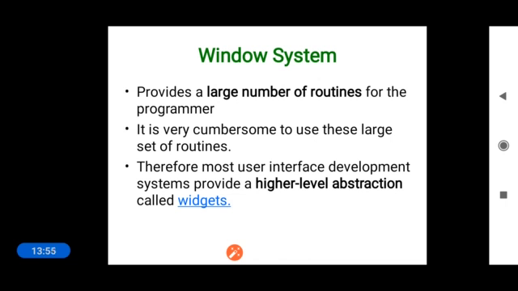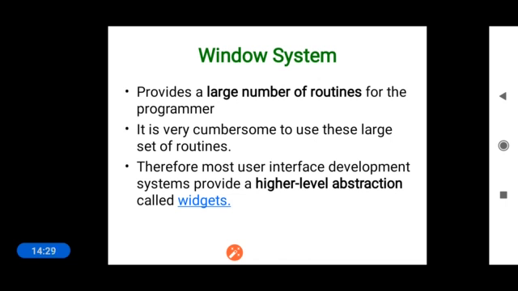All these together can be considered as widgets. That means instead of providing routines in the sense of commands, most user interface development systems are allowing us to develop a higher level abstraction, and those high level abstractions are called widgets.